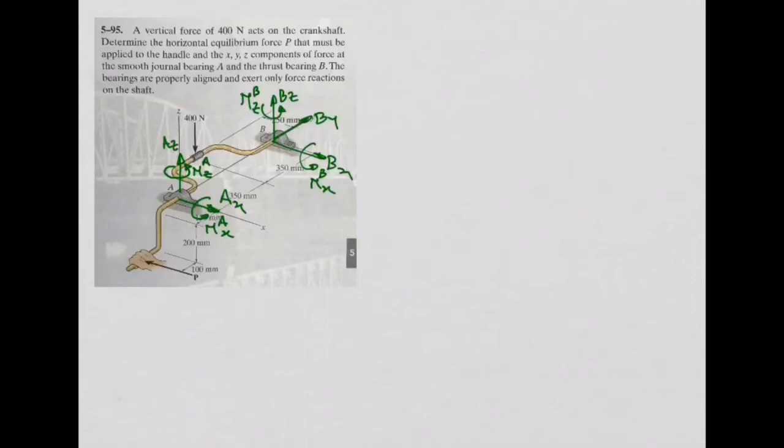And that support will react to that moment with that reaction moment at point A and at point B, okay? We are going to see now clearly when we write the equivalent system. Okay, so let's build the equivalent system force moment about point A again, for example.